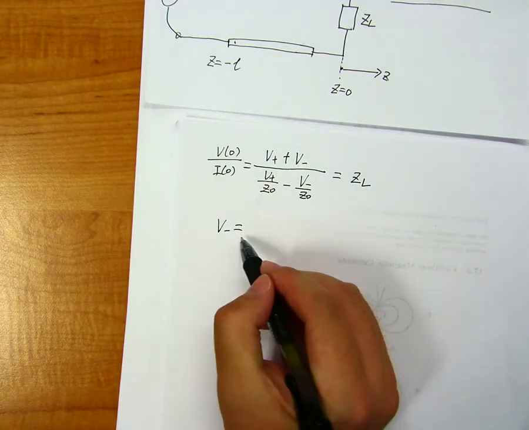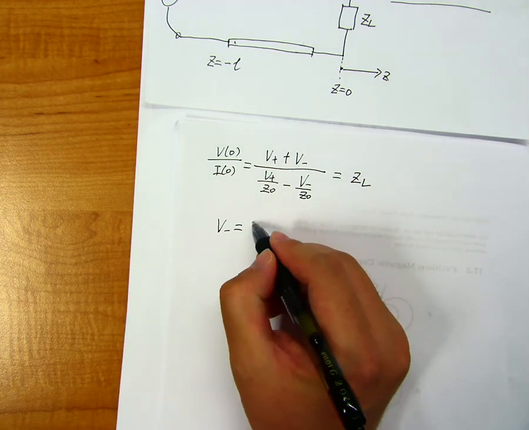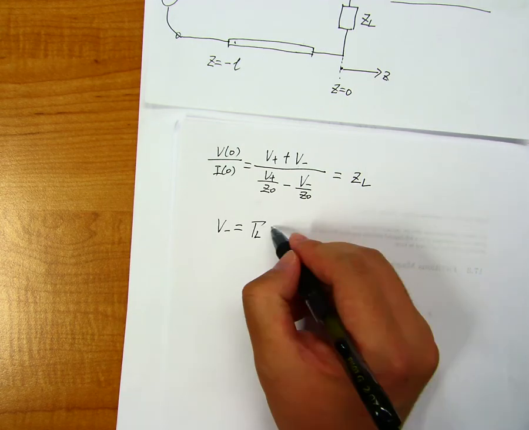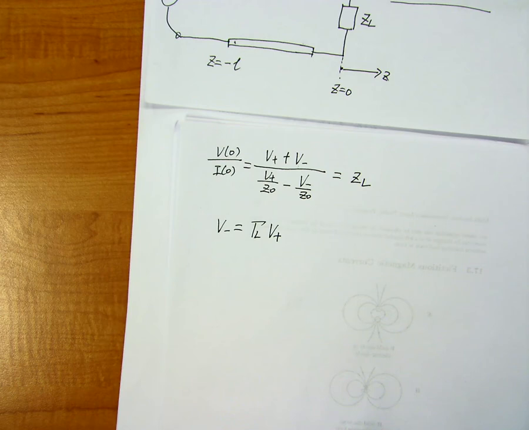Okay, because it depends on V plus here, so we can write a reflection coefficient gamma L times V plus. So this actually agrees with our physical interpretation that the left traveling wave is reflected because of the right traveling wave.